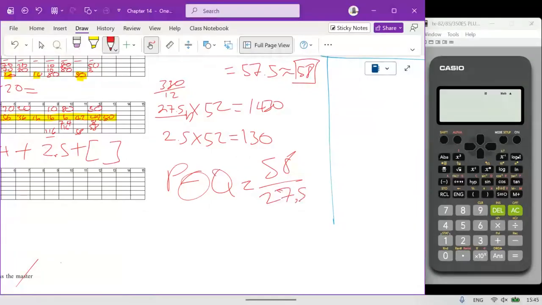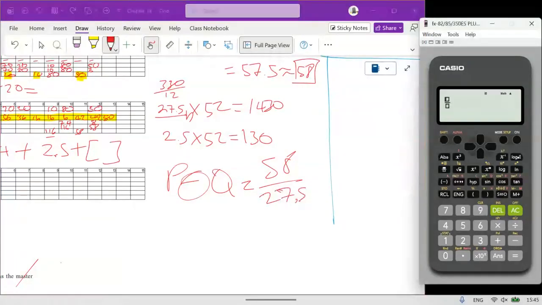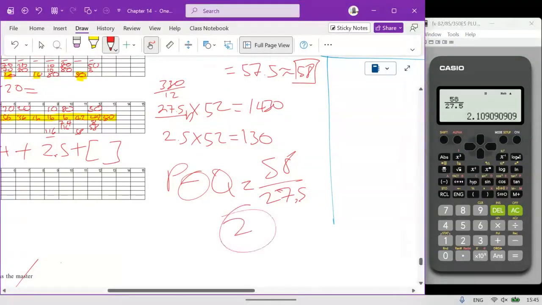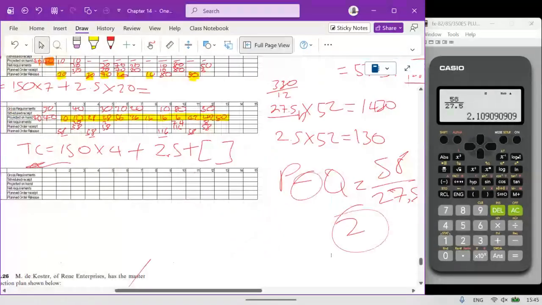Then 58 over 27.5 equals 2 weeks. Every 2 weeks, you place an order. You place an order for 2 weeks, guys.